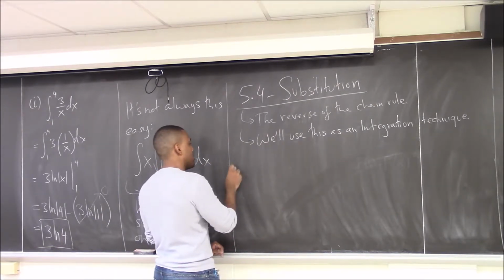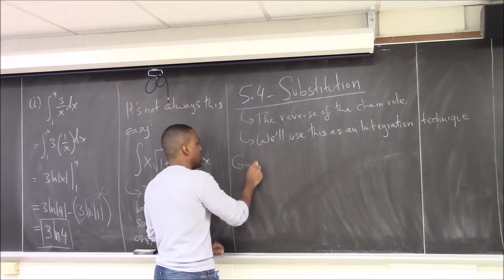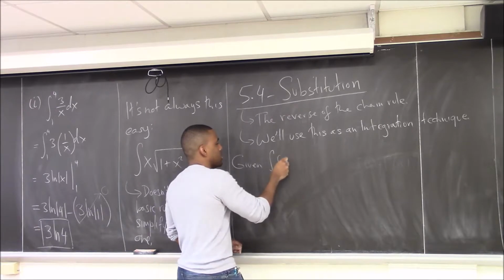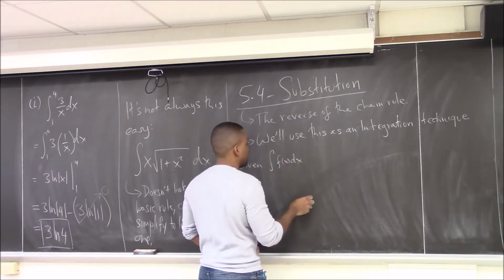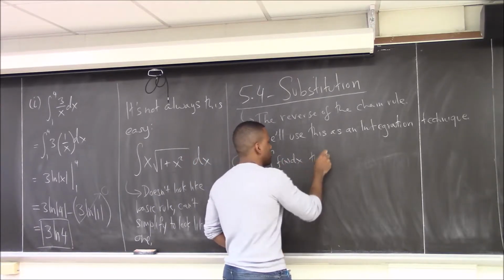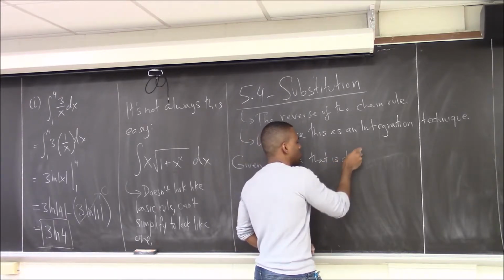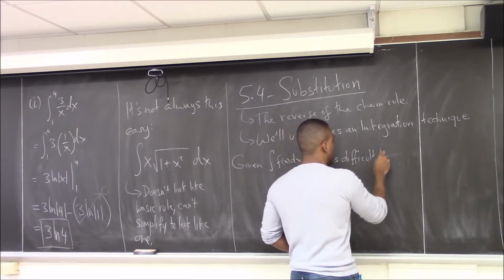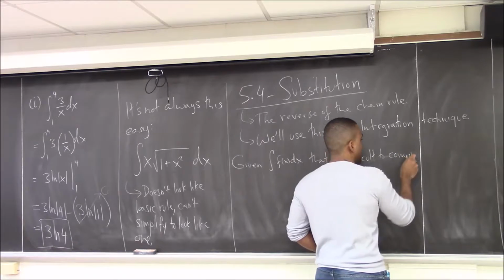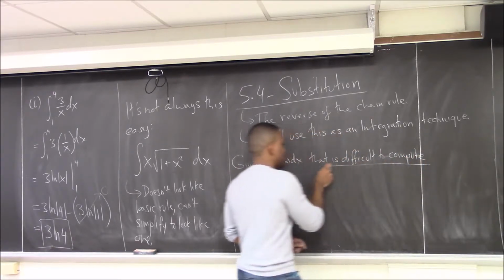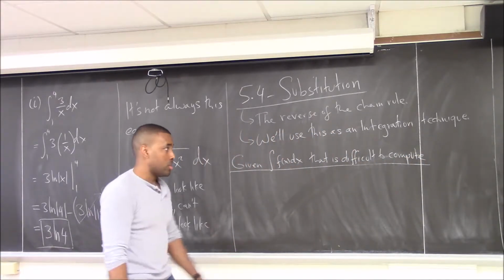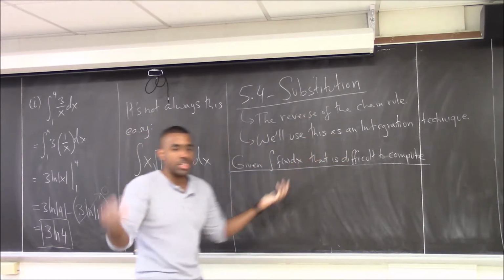So here's the process. Given f of x dx, difficult to compute for us means it doesn't fit a basic group.